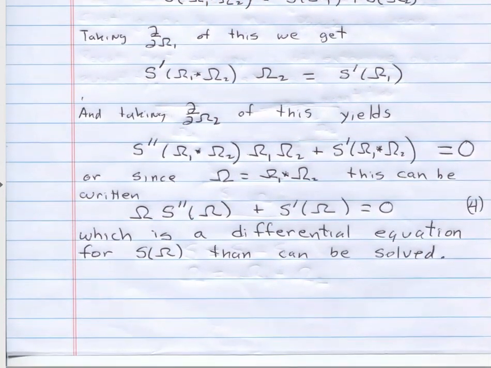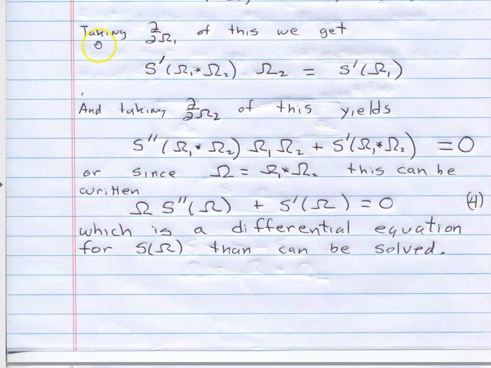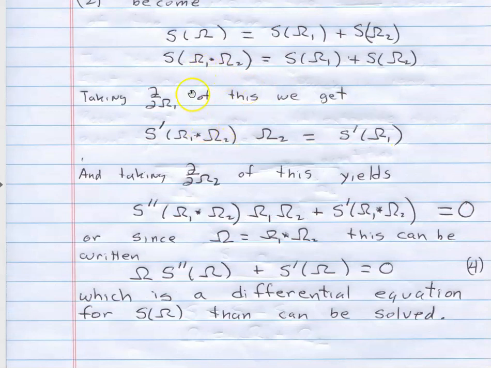And now we get a differential equation out of it by doing the following. Take the partial derivative with respect to omega 1 of this quantity up here. I get the derivative of S with respect to its argument, which I'll call S prime, times the partial derivative of its argument with respect to omega 1, but that's simply omega 2.